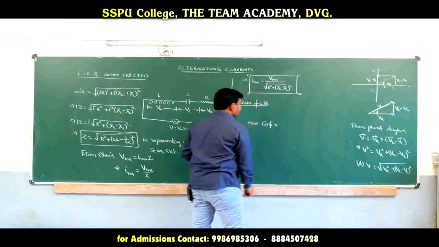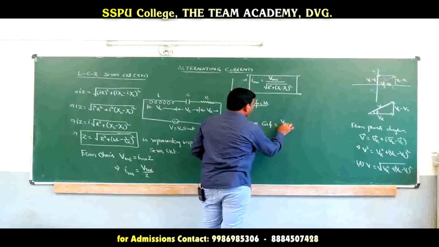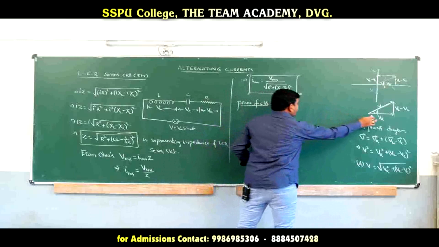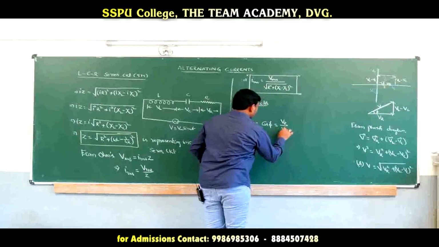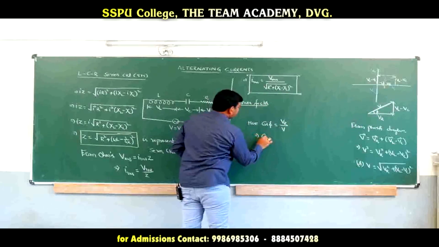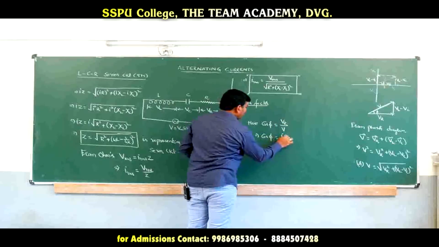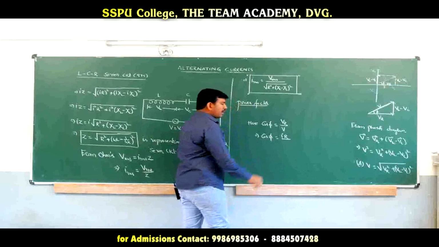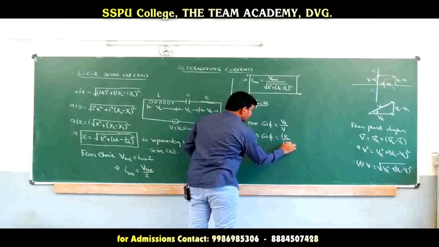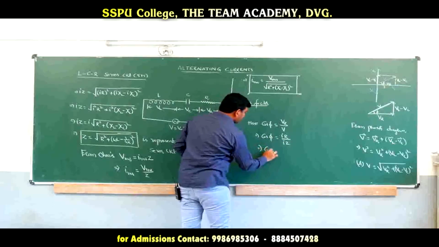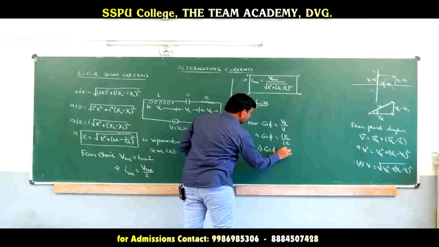The adjacent side is VR and the hypotenuse is V. This implies cos phi is equal to VR, which is I into R, the voltage drop across the resistor, divided by the applied voltage, which is I into Z. This implies cos phi is equal to R by Z.